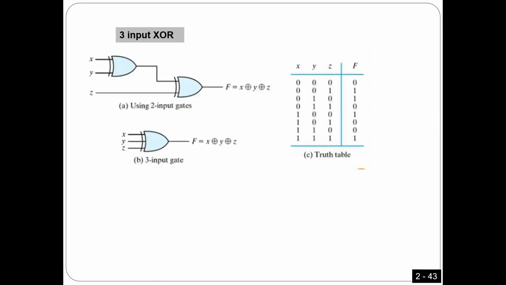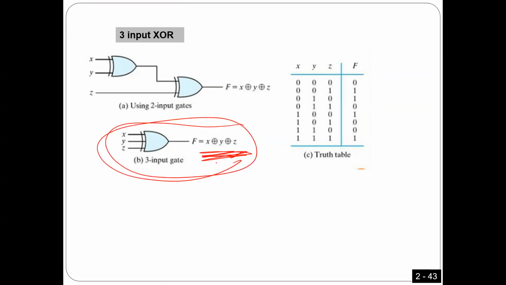What if you have 3 inputs instead of 2? How does it look? Yes, you can have 3 inputs. It's going to look something like this. The way you calculate the truth table is to XOR these 2, and then XOR the result with the next one.